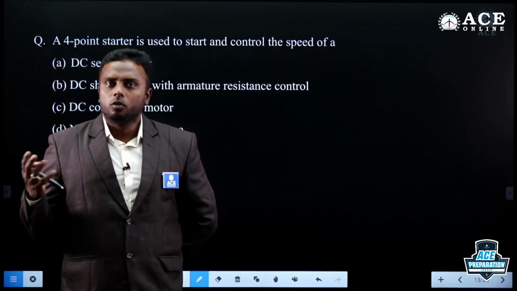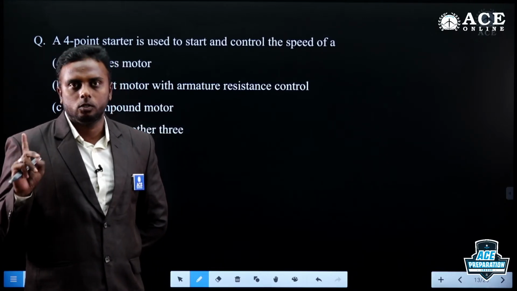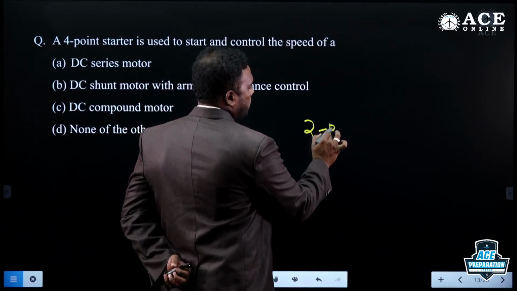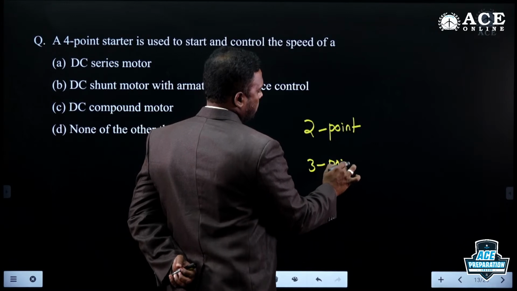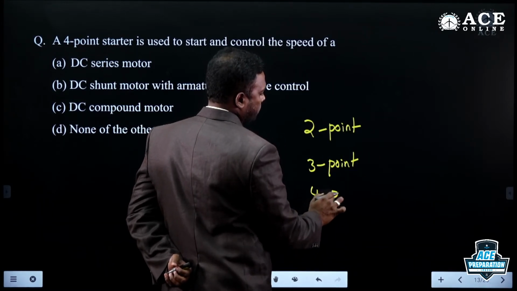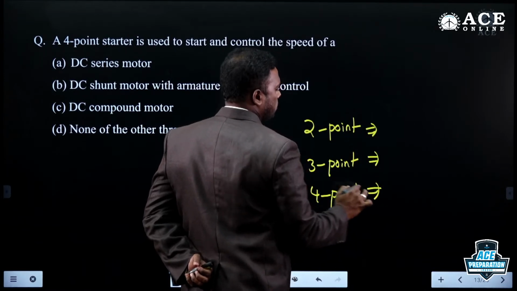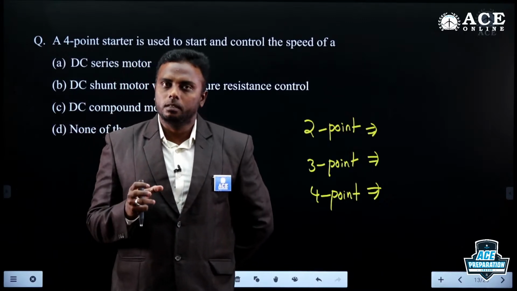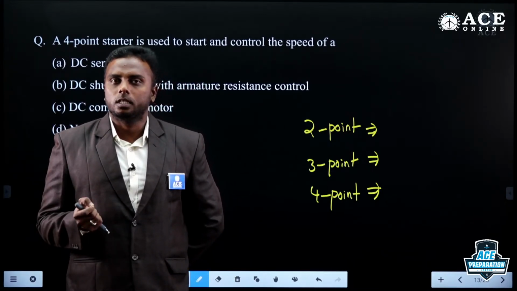So you should first know about the starting methods. We have 3 starters for DC motors to start: the 2-point starter, 3-point starter, and 4-point starter. Using these starters, we are limiting the starting current, because the starting current of a DC motor is generally very high.